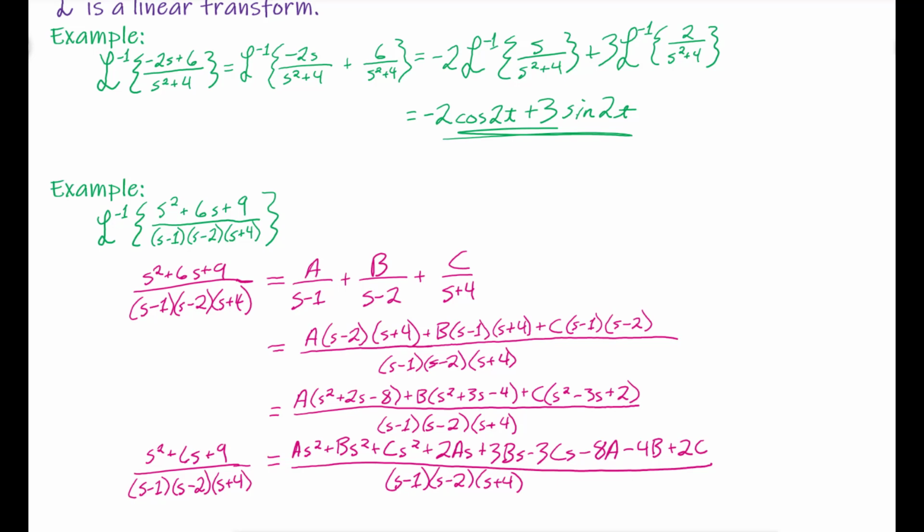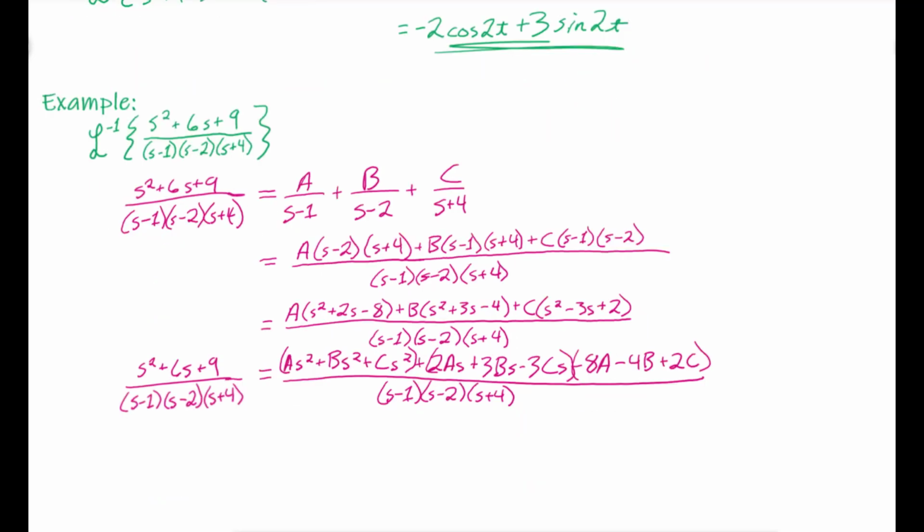What we're wanting to do is set our two numerators equal to each other. And we can chunk up our numerator into our s squared and our constant terms. So the s squared terms on the left-hand side are going to equal just s squared.